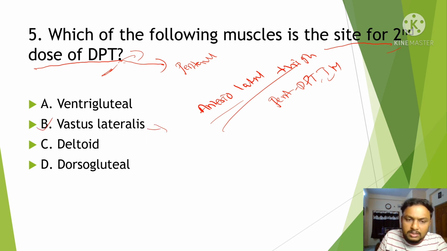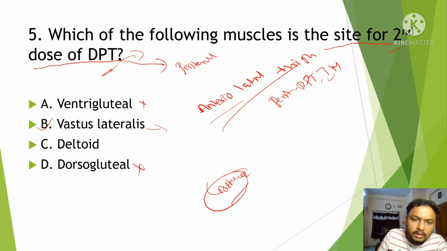So your answer is vastus lateralis. The deltoid is obviously on the shoulder, and gluteal, ventrogluteal or dorsogluteal, is the back buttock region. So dorsogluteal and ventrogluteal are wrong, and deltoid is on the arm, which is also wrong. Whereas the anterolateral thigh portion, that is vastus lateralis, is your answer.